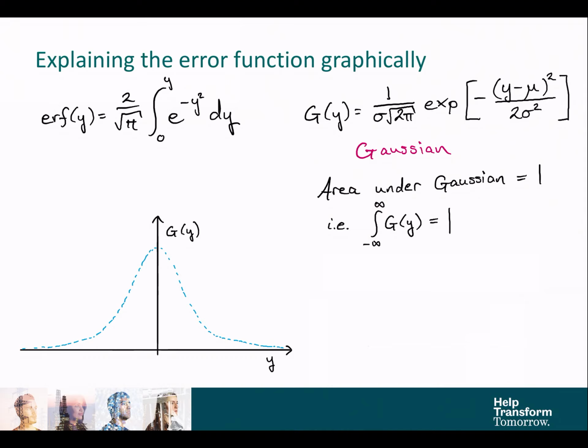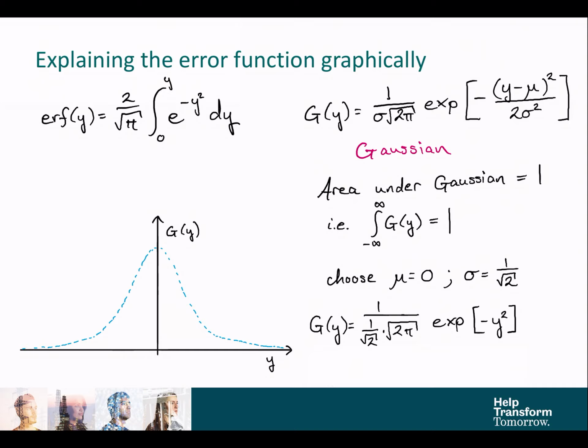Now, for the Gaussian I've shown here, we've already decided that the average value, mu, is equal to 0, which is why it's centered on the y-axis. But we'll also choose that the standard deviation equals 1 over root 2. And so if we plug that into our expression for the Gaussian, that means that the roots 2 cancel.